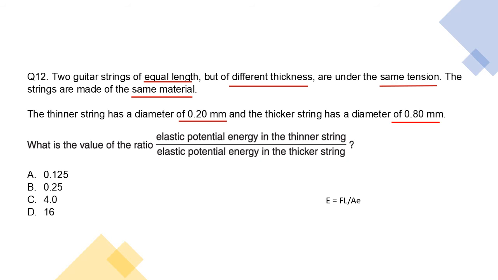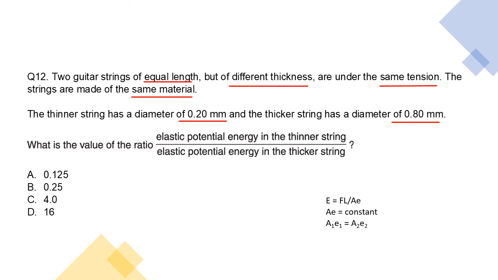The only things that are changing are A and the extension, so A times extension is a constant. The area of the thinner wire times the extension of that wire is equal to the area of the second wire times the extension of the second wire.